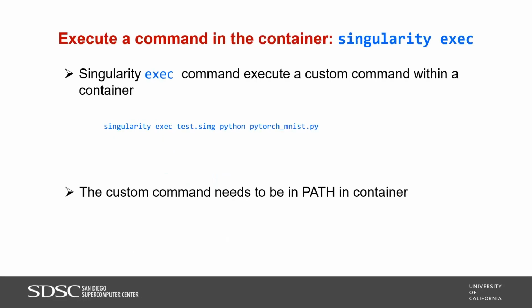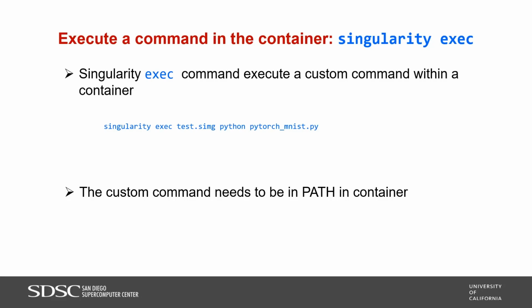Okay, the most popular way to run a Singularity container is through Singularity exec. We use this a lot because it can execute a custom command within a container, as long as that command is in the path in the container.